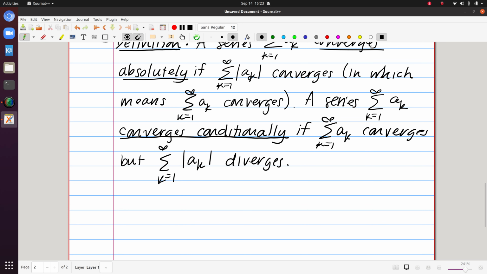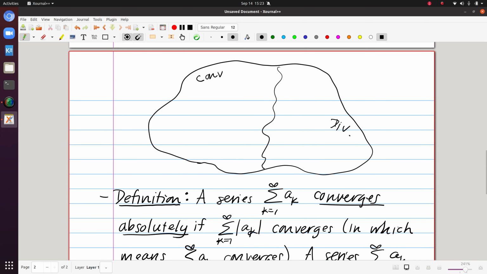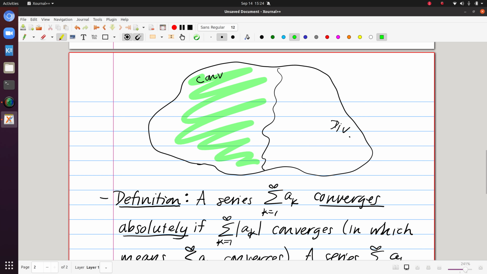So these definitions are very important, and I think a lot of times it takes a little bit getting used to the distinction between those. Coming back up to my Venn diagram, I want to be clear here that we still have the two original subsets. So I have convergence on one side, and we have divergence on the other.